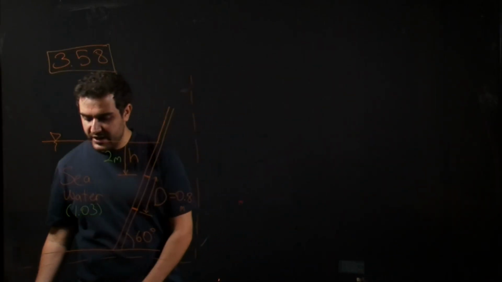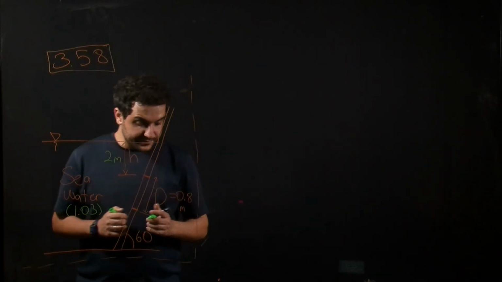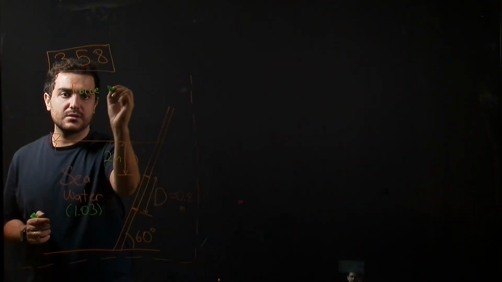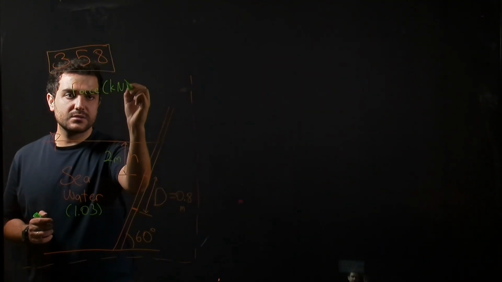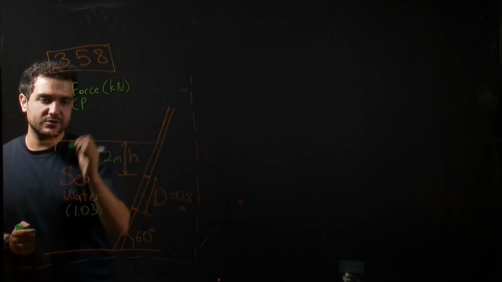So in this question we are required to find two values. The first one is hydrostatic force, which is in kilonewtons, and the other one will be the center of pressure.